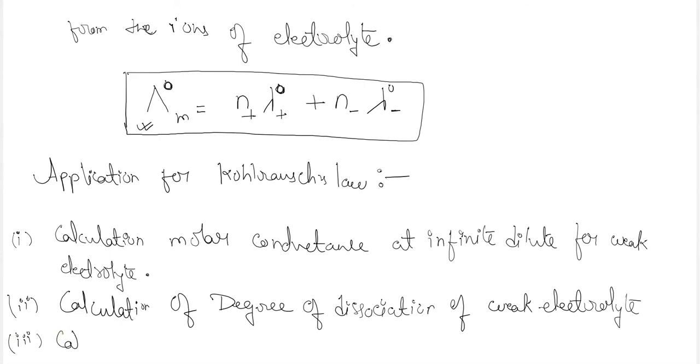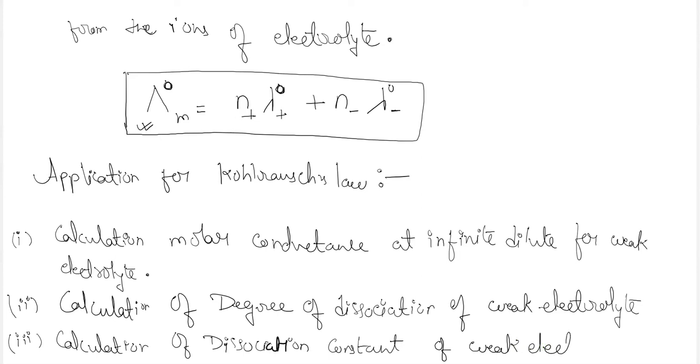Third, calculation of the dissociation constant of weak electrolyte. If I am talking about degree of dissociation, it means I can calculate alpha here. And if I am talking about the dissociation constant, we are talking about K. The dissociation constant can also be calculated by using Kohlrausch law.